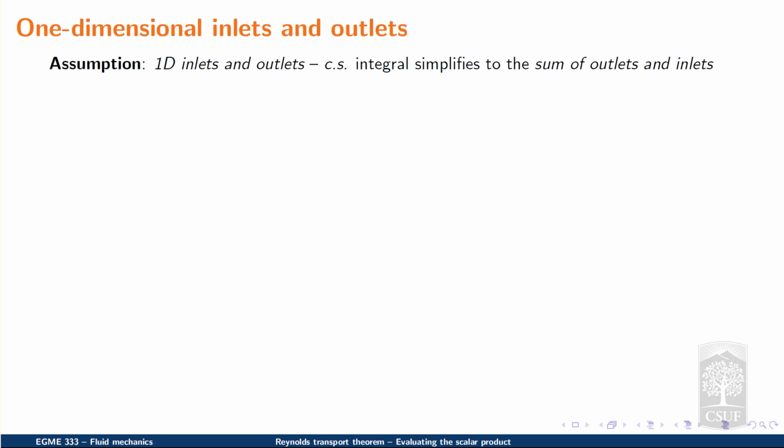So if we make this assumption of one-dimensional inlets and outlets, we can simplify our control surface integral to simply a sum of inlets and outlets, where we can transform it into the summation of all of the outlet flux minus all of the inlet flux.